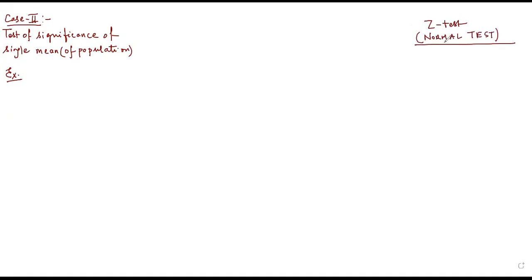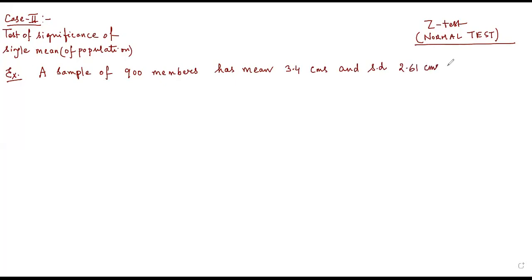Okay, so let's begin. The question is very simple. A sample of 900 members has a mean 3.4 centimeters and standard deviation 2.61 centimeters.